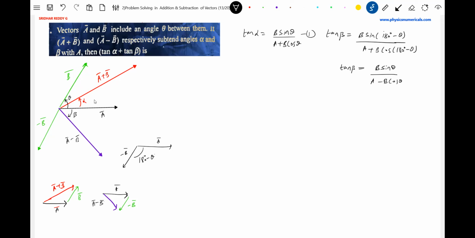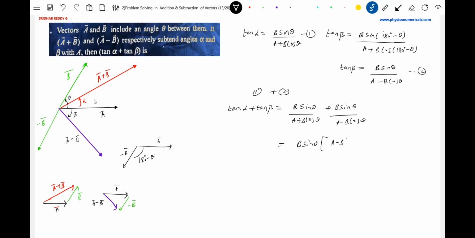I have equation 1 and equation 2. Let me add up these two: tan alpha plus tan beta equals B sine theta over A plus B cos theta plus B sine theta over A minus B cos theta. B sine theta I'll take outside: A minus B cos theta plus A plus B cos theta, all divided by A square minus B square cos square theta.